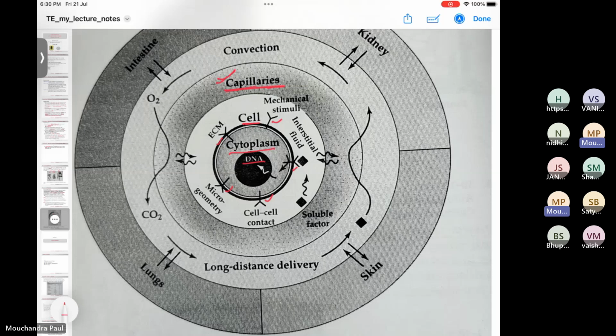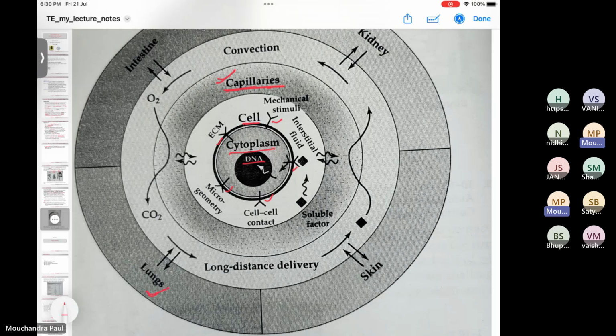That gets changed. How? So we are moving from the cellular level to slightly organ level, step by step. So the content of the oxygen, say, in the blood is getting changed because of the working of our lungs.